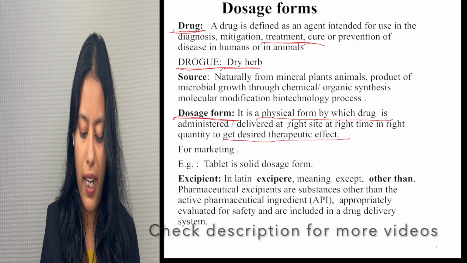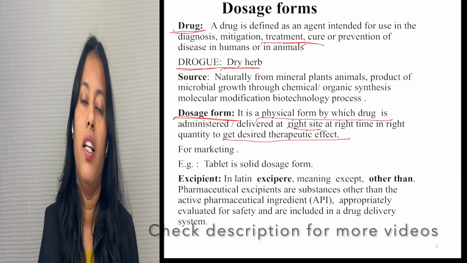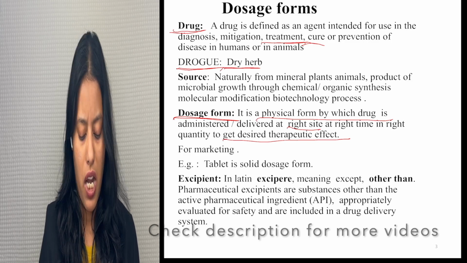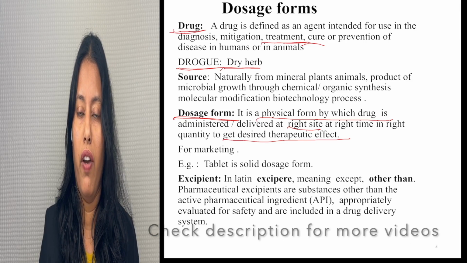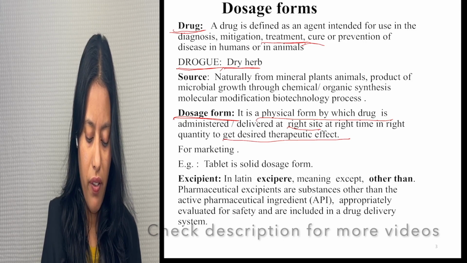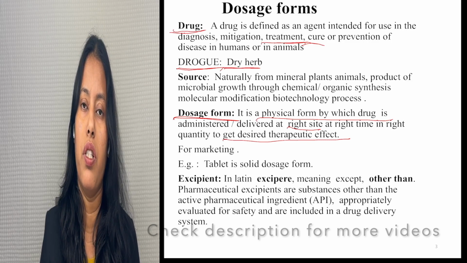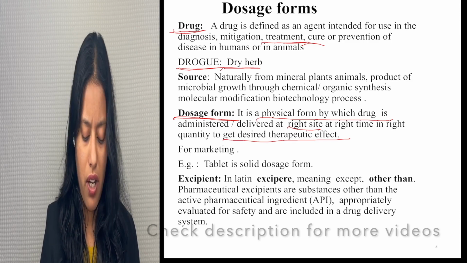It is also needed for marketing: when you are going to sell the drug, you have to prepare the drug ingredient into a suitable formulation. Examples of dosage forms are tablets, capsules, syrups, and injections.